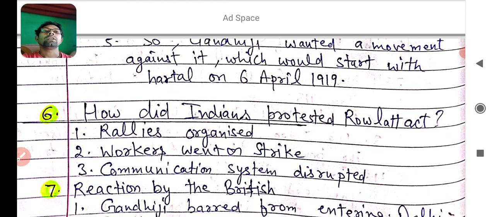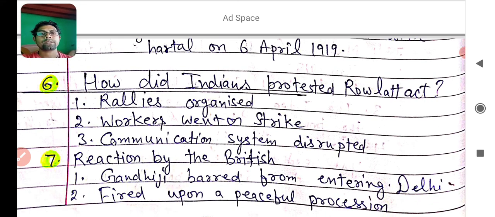Next, how did Indians protest the Rowlatt Act? Was it started with the help of Hartal on 6th April, and what were the main incidents? Rallies were organized by the Indian revolutionaries, workers went on strike in protest of the Rowlatt Act, and the communication system was disrupted. Next, what was the reaction by the British?